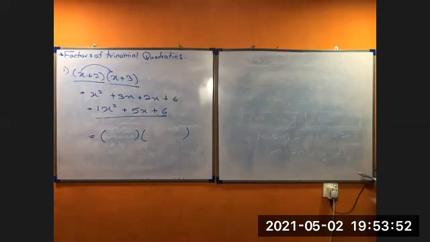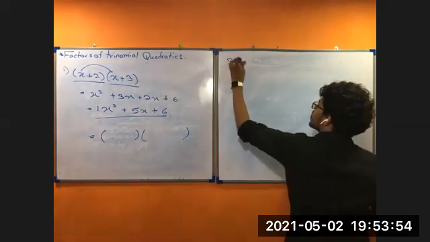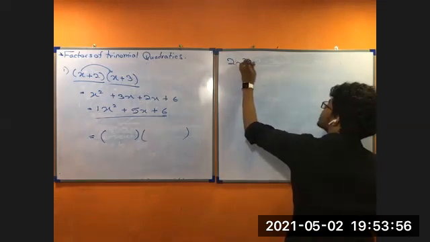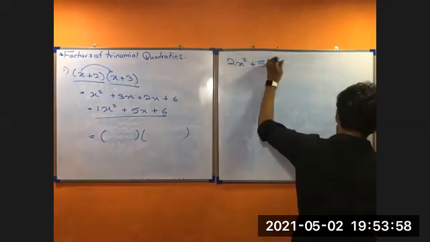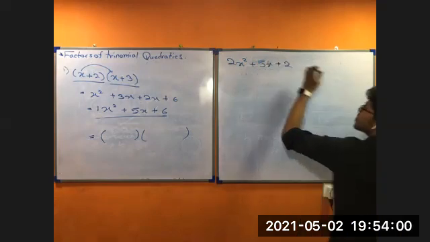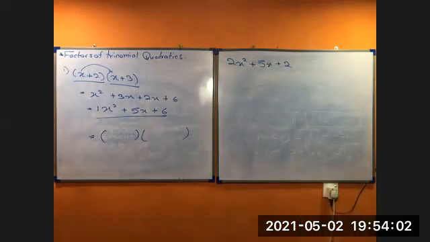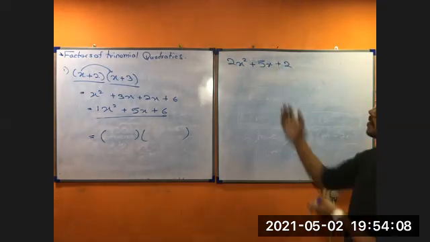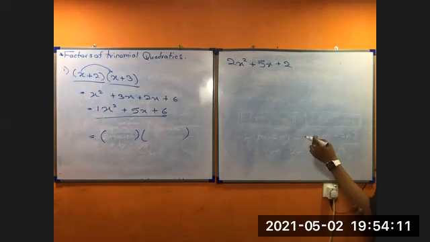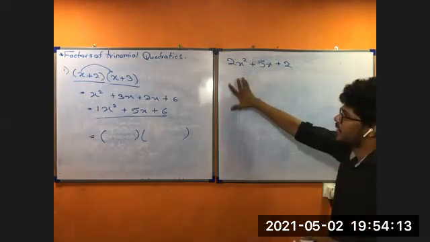Okay, so we have 2x squared plus 5x plus 2, right? So you need to find the factors of this expression. I know some of you may be able to do this, but still I will explain first.